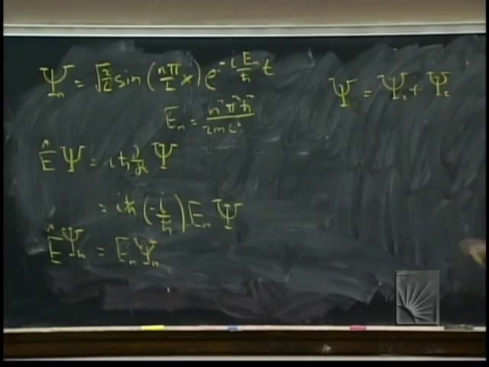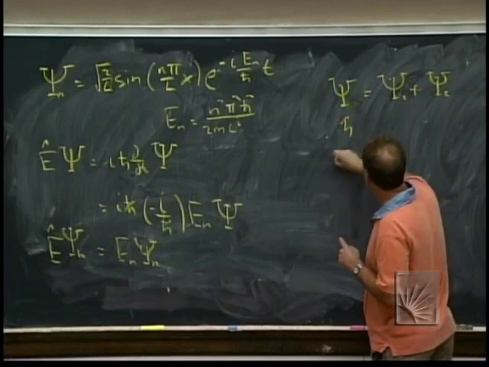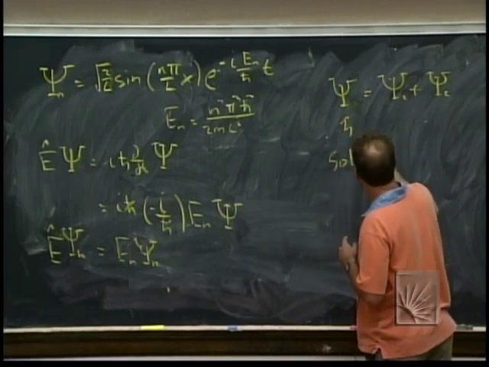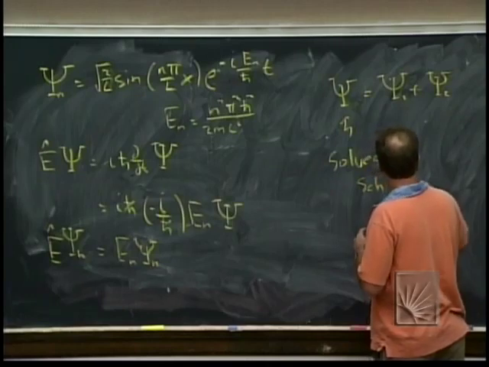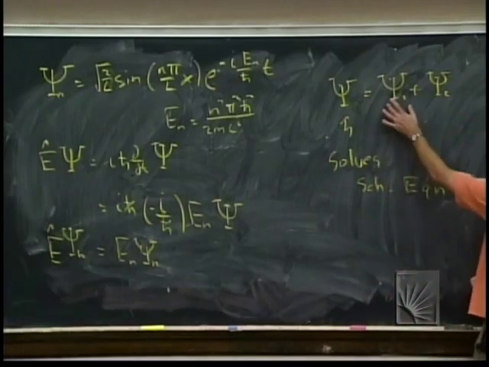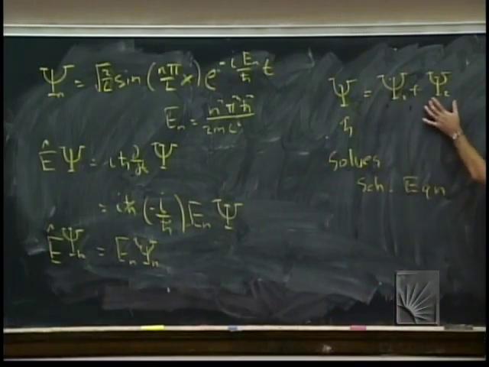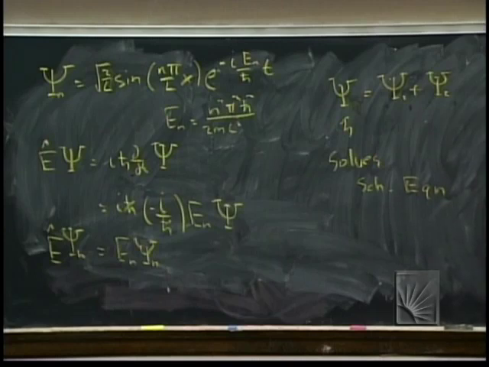This value of psi solves Schrodinger's equation, because this will solve Schrodinger's equation, and that will solve Schrodinger's equation. So the combination, just think how it'll work out, I'll come back with the same thing on the left and the right.